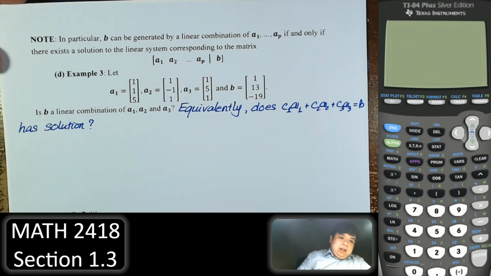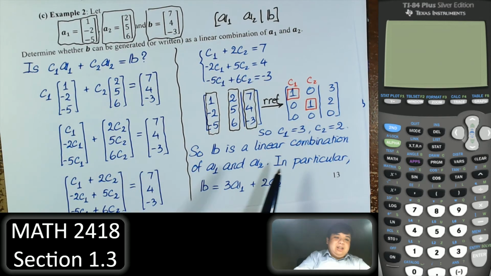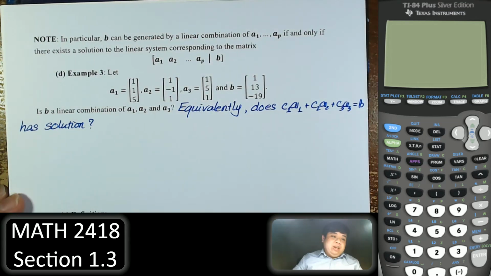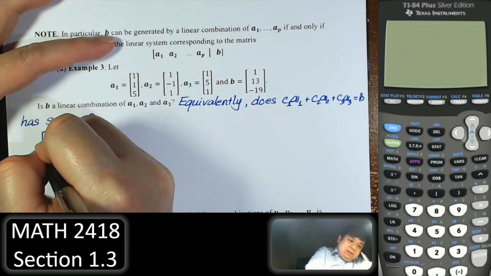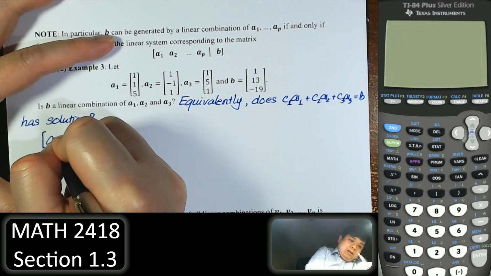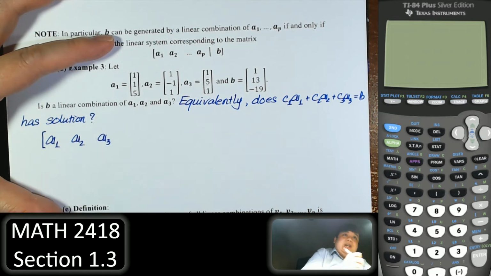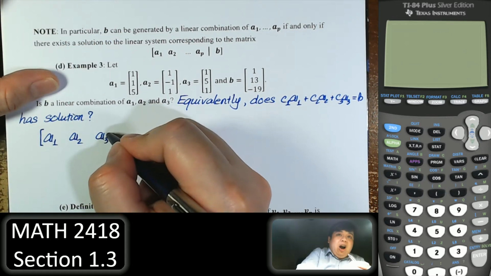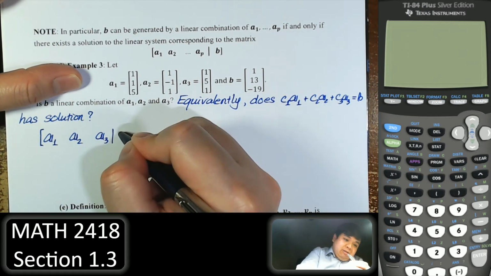Right. So again, instead of writing it out like this, we can just put it in the augmented matrix form, which is this. Vector A1, vector A2, and vector A3. So that's why we write a vector as a column, so we can stack them into a matrix. And vector B.